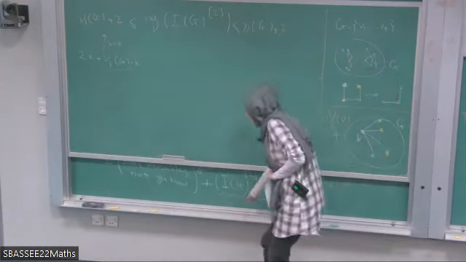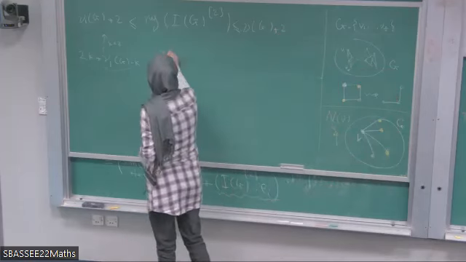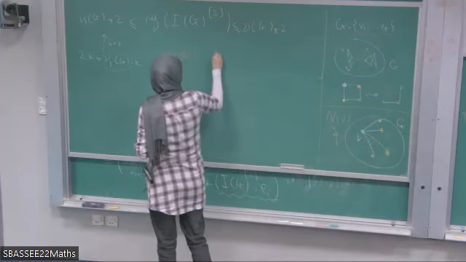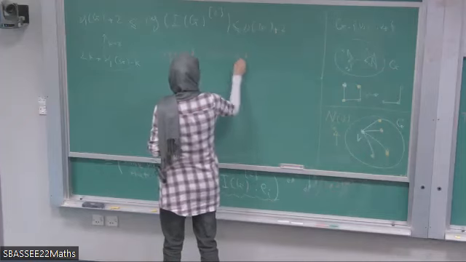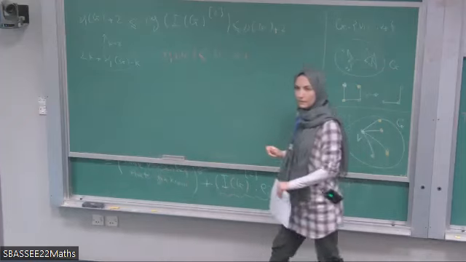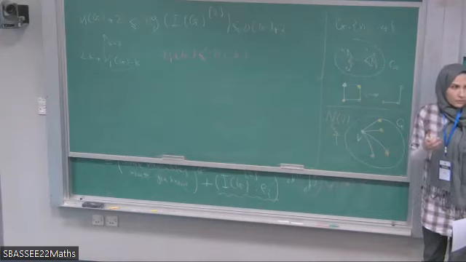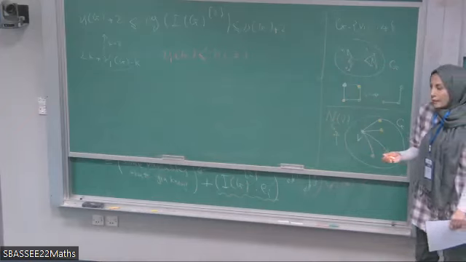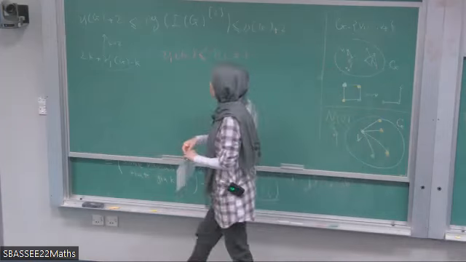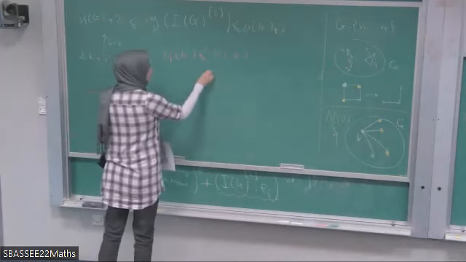Not always do we have nu_1 equal to nu g. Of course, we always have this inequality, right? But in some cases, we have equality. And this is really something interesting in combinatorics.